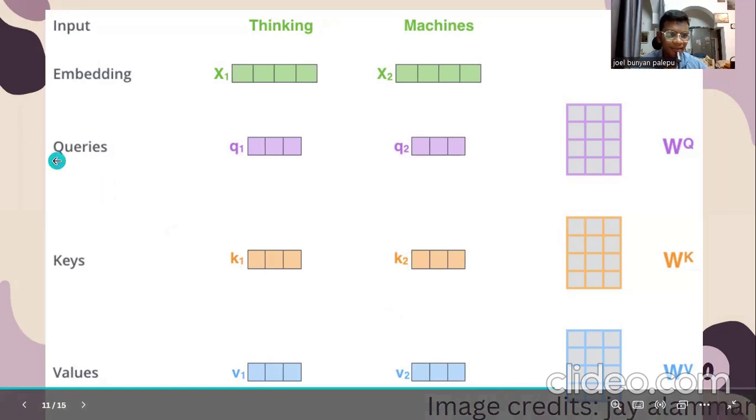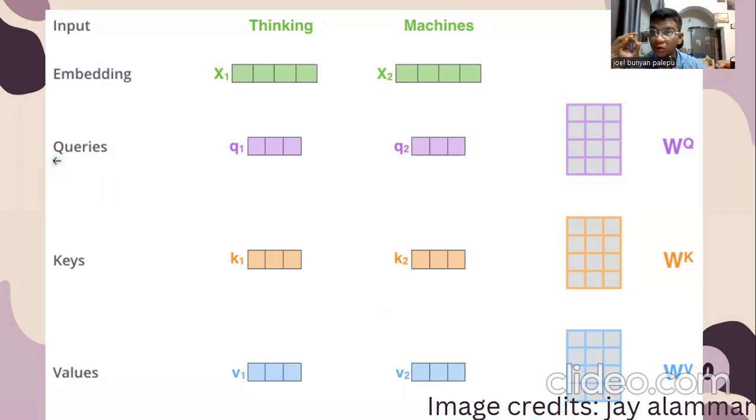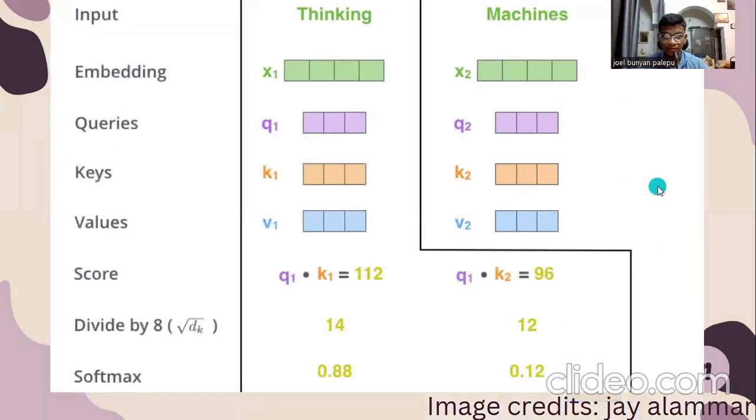So we have three vectors for each input. These three vectors that we have generated are called the query vector, key vector, and value vector respectively. So what are we going to do with these query, key, and value vectors, right?